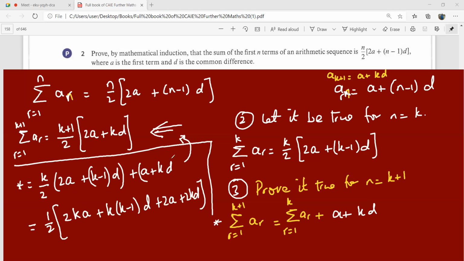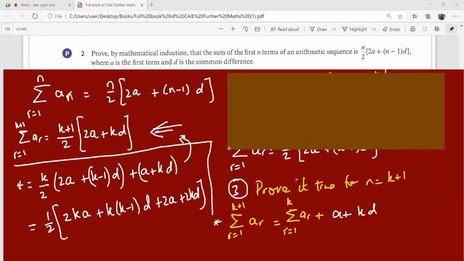I have multiplied this by 2, so that I have taken this half as common.